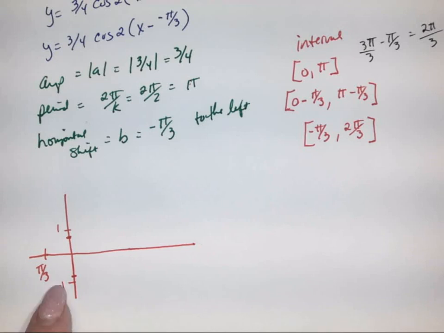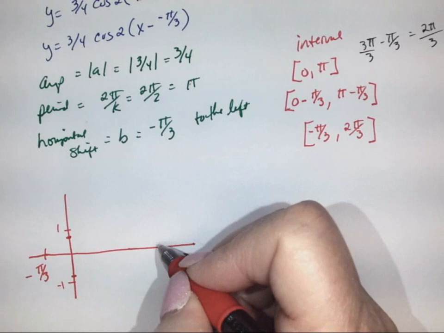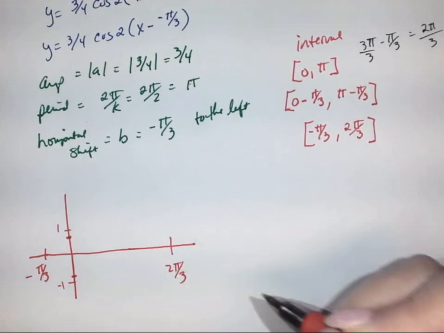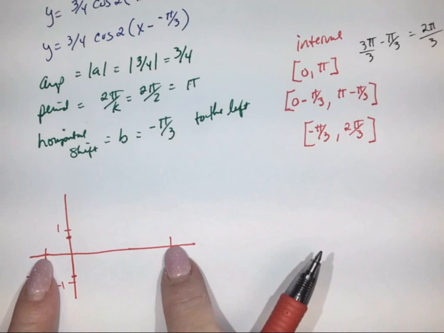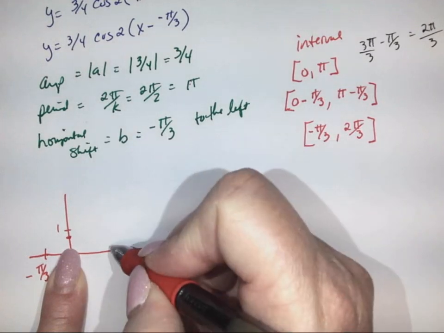All right, so that will be negative pi over 3. And we know somewhere over here we're going to have our 2 pi over 3. So let's just make a 2 pi over 3. And then between here and here, try to ignore this line, you're going to put in a middle hash mark.